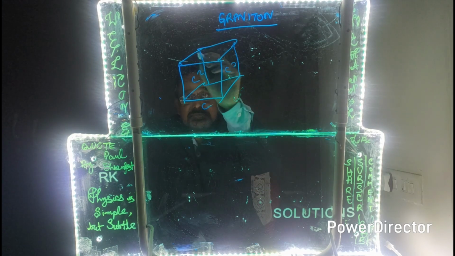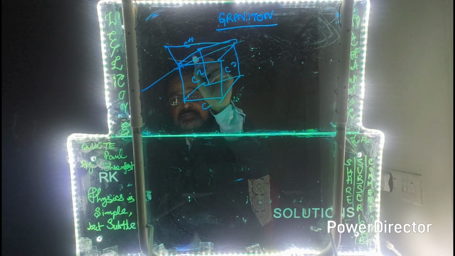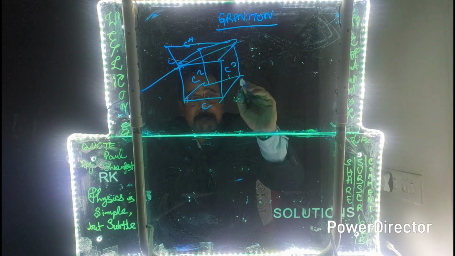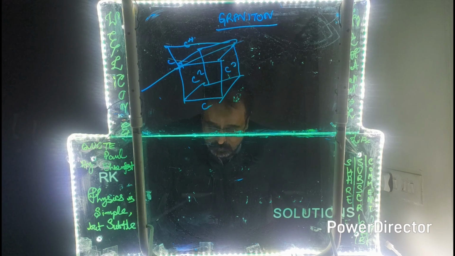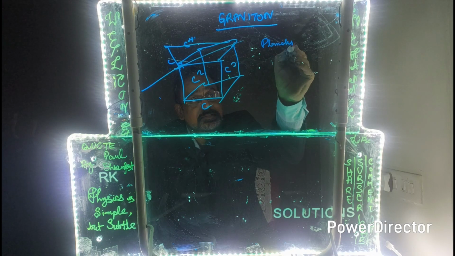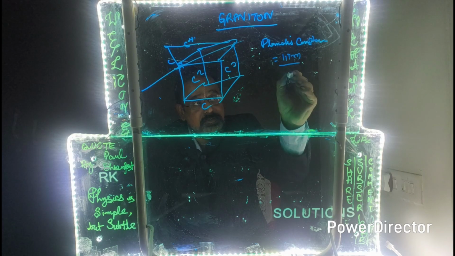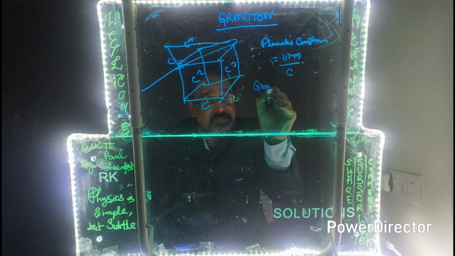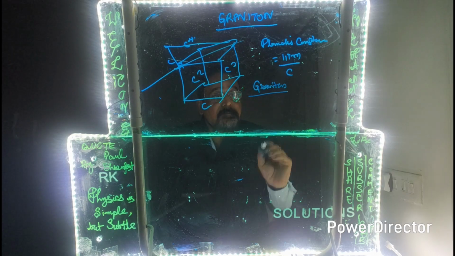C squared P C4 equal to C4. As I told you, Planck's constant is equal to 195 C. Similarly, graviton is invoked in.